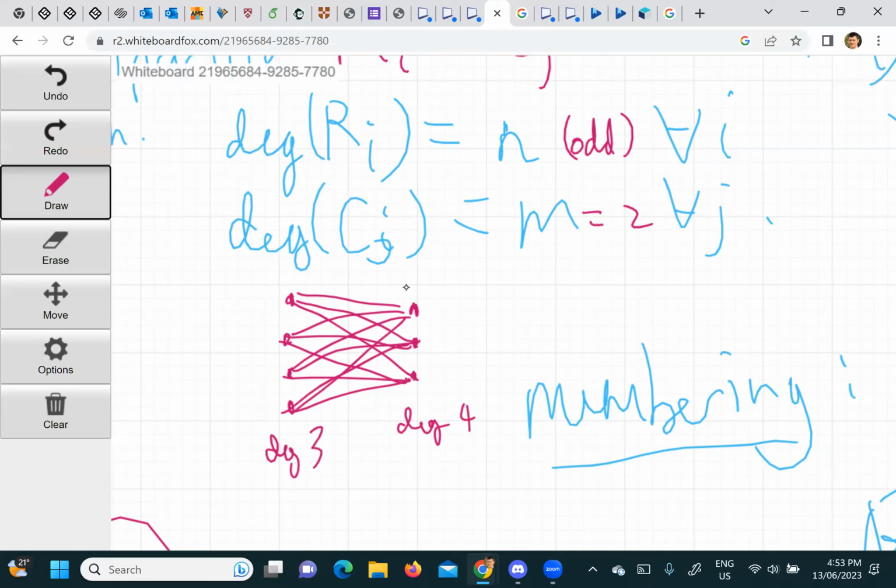But if that's odd, you want this to be degree 2. Sorry. If that's odd degree, you only want there to be 2 of them with odd degree, right? Okay. So if there's only 2 of them with odd degree, then the number of rows or the number of columns is equal to 2.